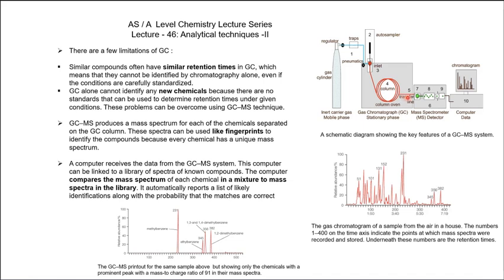It transfers to the mass spectrometer, that is the MS detector, and from the detector it is computerized, and we can get a gas chromatogram like this. The numbers 1 to 400 on the time axis indicate the points at which mass spectra are recorded and stored, and underneath is the retention time.